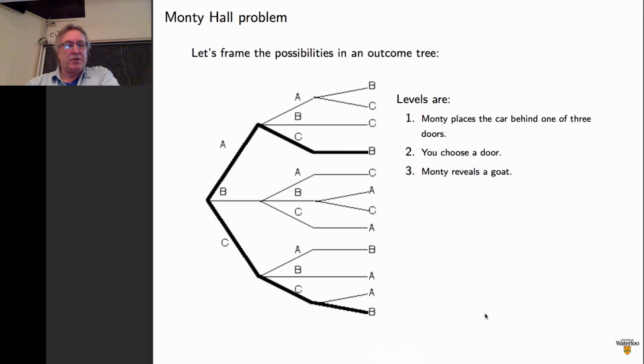Okay? So you think about what might have happened. Well, let's suppose you chose door C and Monty revealed door B. Then the only place that happens, you choose C and he reveals B. Can't happen there. Can only happen in these two instances. So that's the subtree that corresponds to the data that you have. Okay?